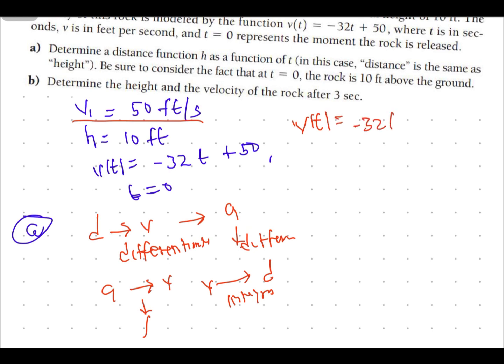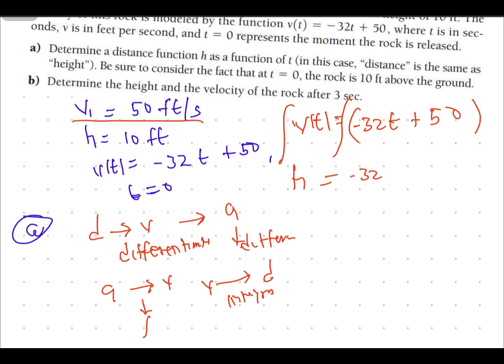So based on that, we write our velocity function v of t equal to negative 32t plus 50. When we integrate velocity, we get the distance, which is the height.